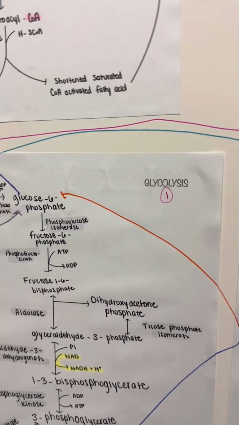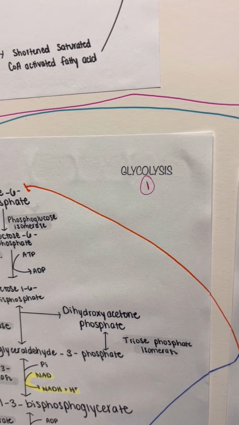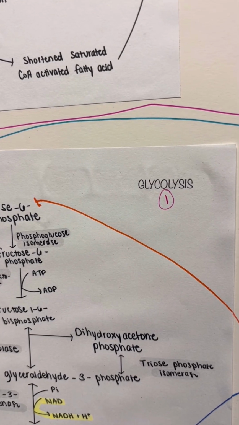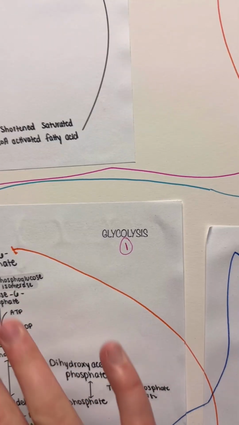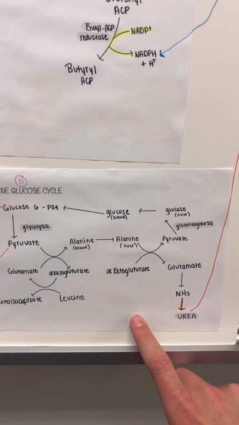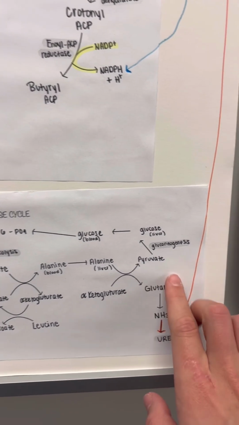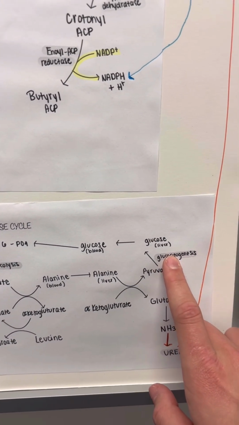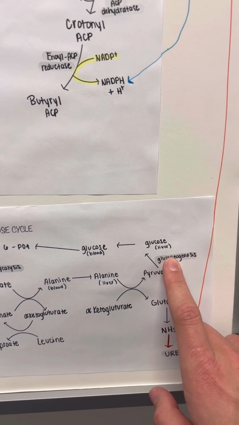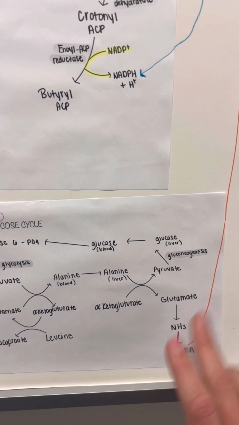Again, this is a shared substrate, and in glycolysis, the glucose 6-phosphate is the entry point for breaking down glucose to generate ATP, and in the alanine glucose cycle, the glucose 6-phosphate is the product of gluconeogenesis that you see here, and that happens in the liver, and then it can get dephosphorylated to free glucose and sent back to the muscle.